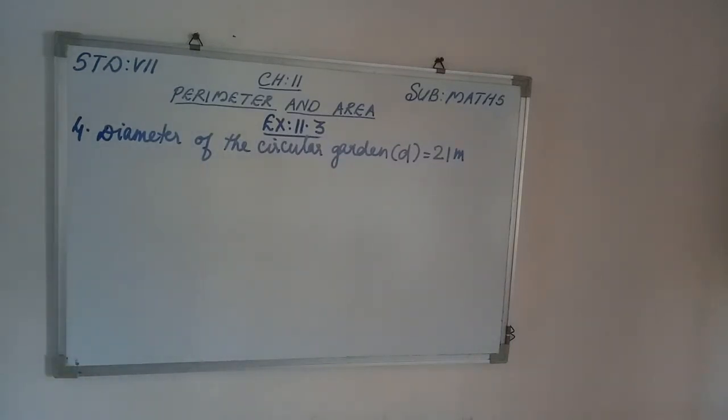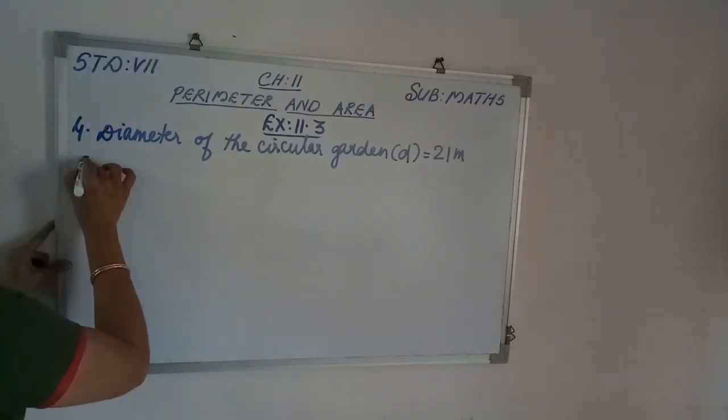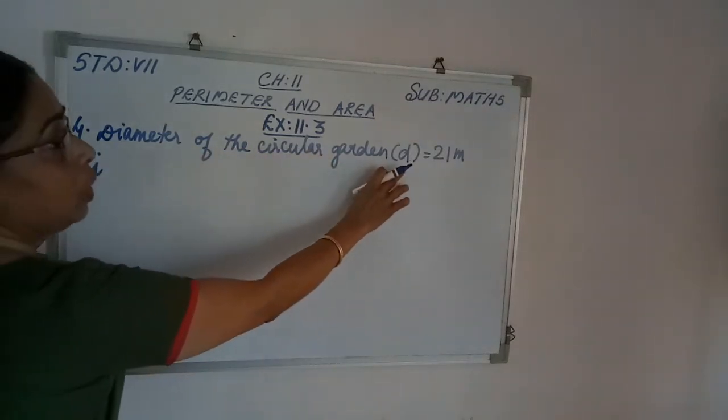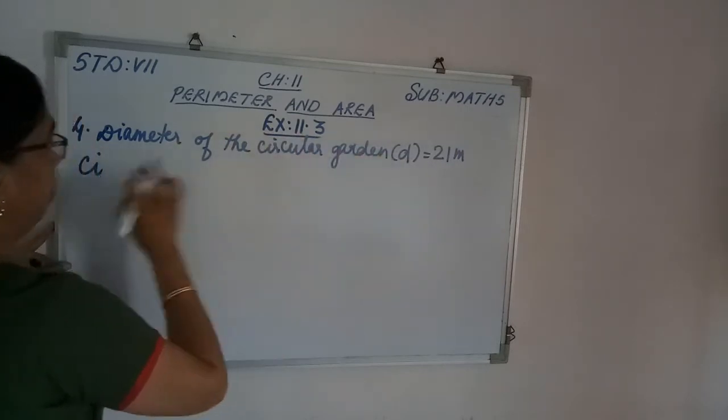Then what about the radius? It is 21 upon 2. But we know the formula to find out circumference when diameter is given. So we can find out circumference of the garden. Without finding radius, we can find out circumference using diameter.